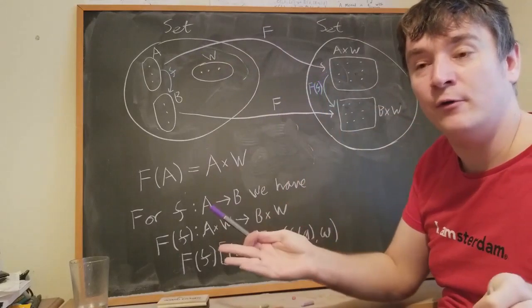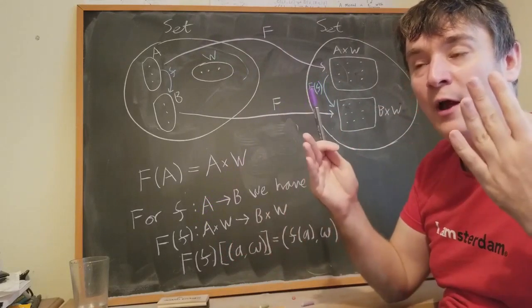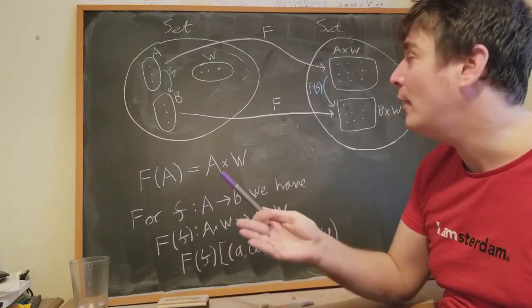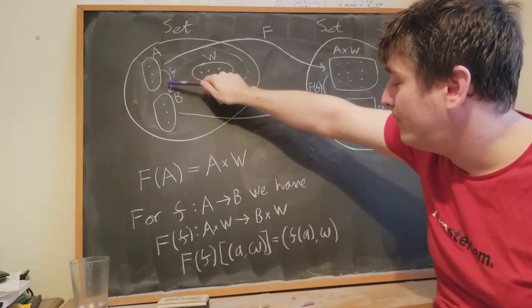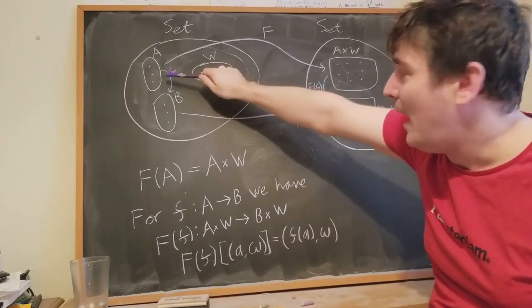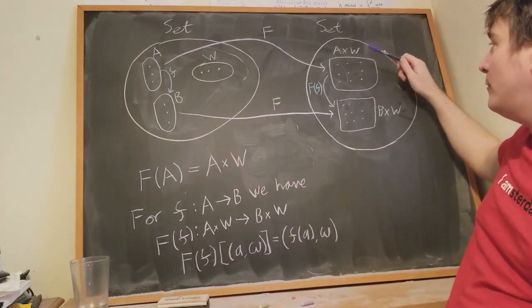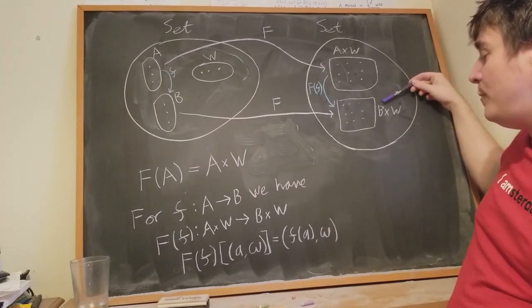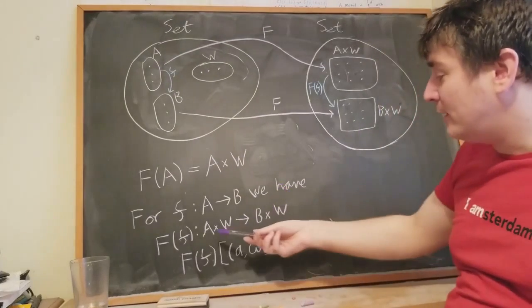But to define a functor, we have to say how it operates on objects and also how it operates on arrows. So we have an arrow like this, a function from A to B. When we apply this functor, it's going to change into a function from A times W to B times W. In this case, it's defined like this.